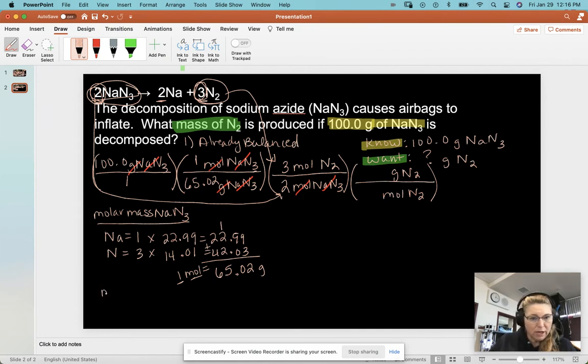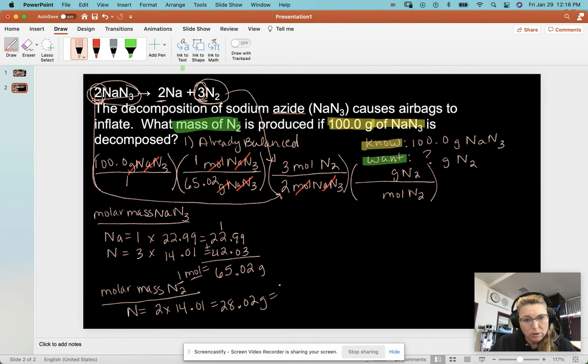So we're just going to find the molar mass of N2. Nitrogen, we have 2 of them. So 2 times 14.01 is equal to 28.02 grams equals 1 mole.